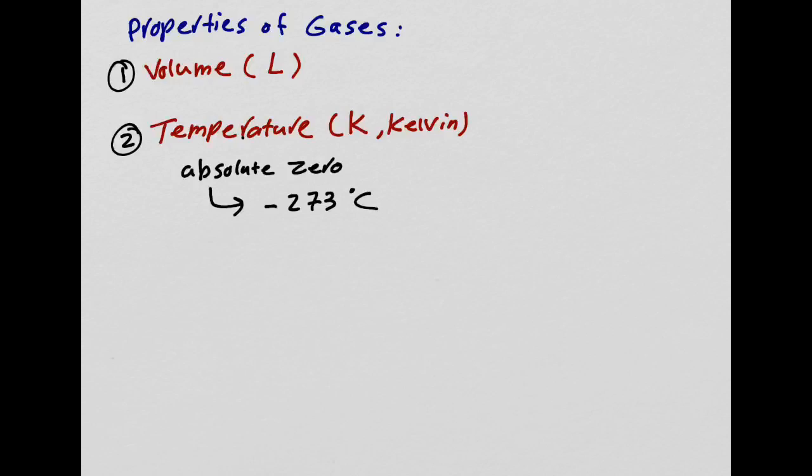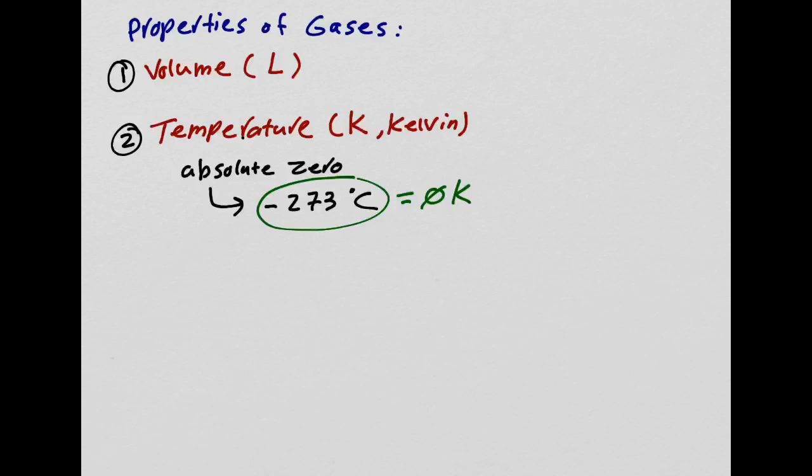This is the coldest temperature possible, negative 273 degrees Celsius. We're going to say that this is 0 Kelvin. Why did they do that? To avoid having negative values for temperature. So we're going to take the coldest temperature possible, and we're going to make it 0 Kelvin.